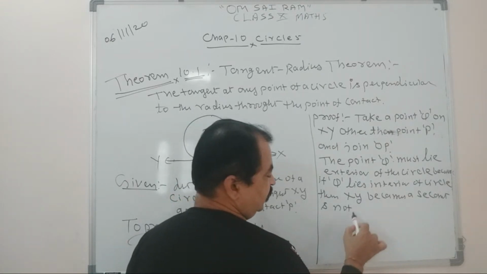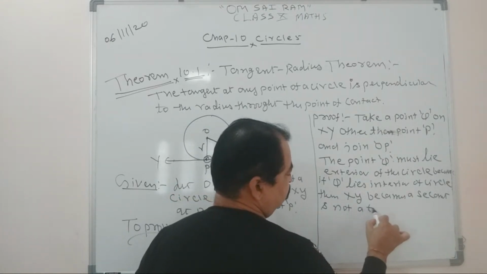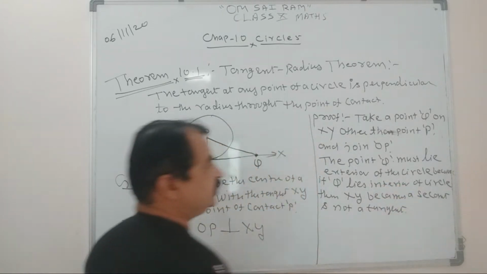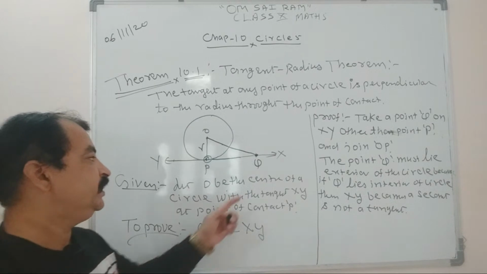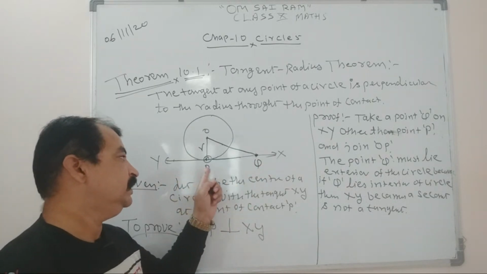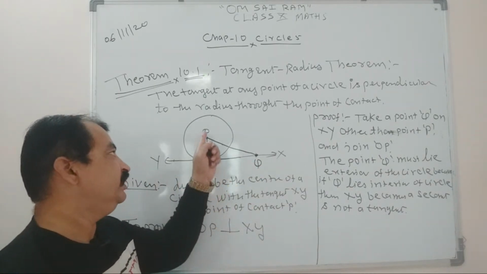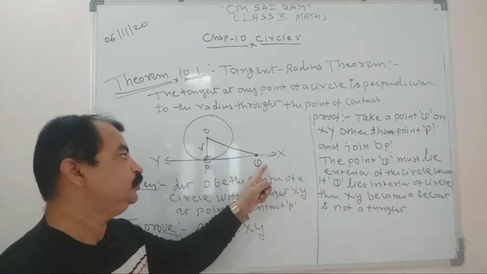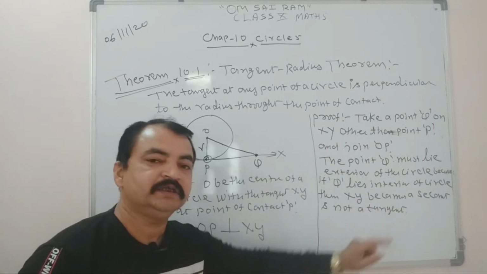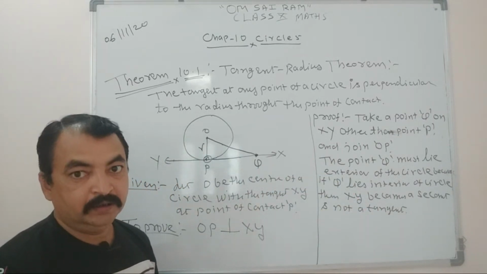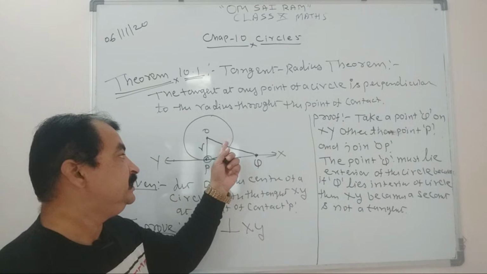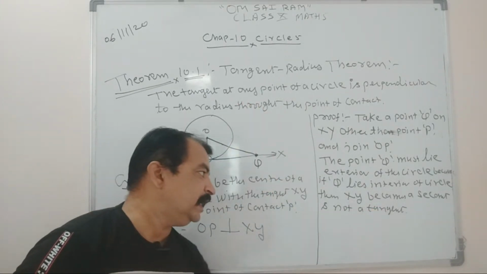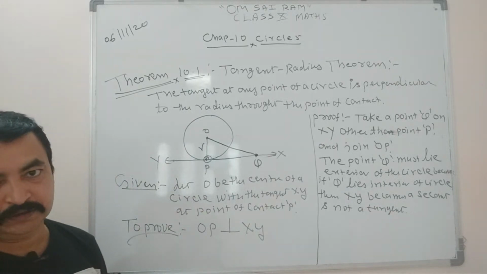This is the reason behind that, children. So this is the first line of explanation: if we take a point Q other than the point P, and when we join O and Q, the point Q must lie exterior of the circle. Why? Because if it lies in the interior, then this XY will become a secant and not a tangent.